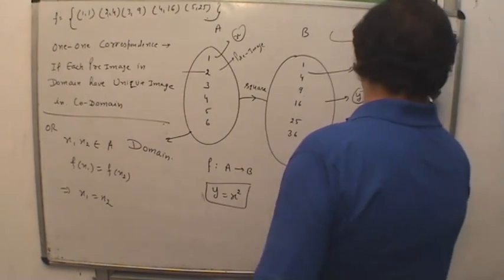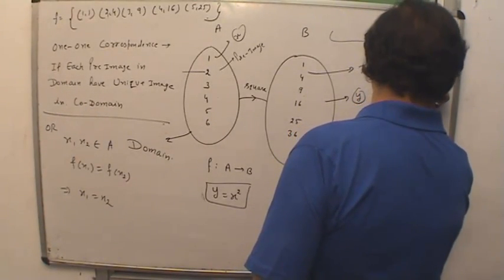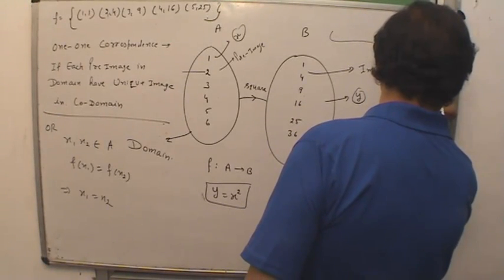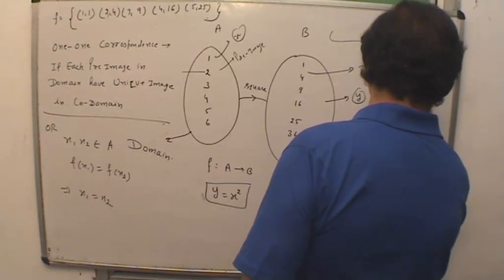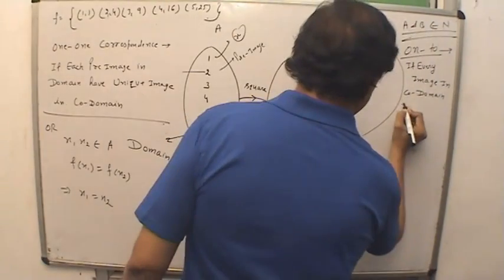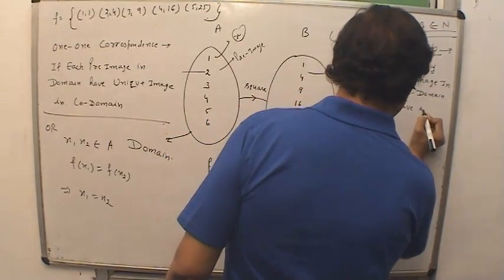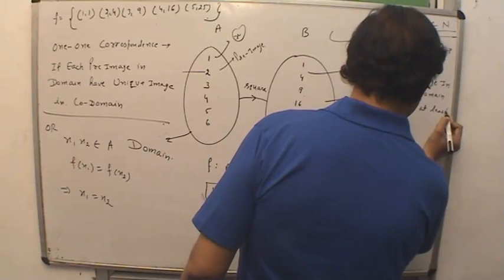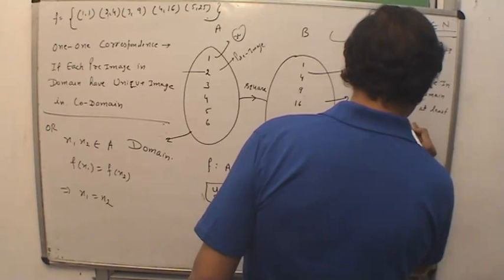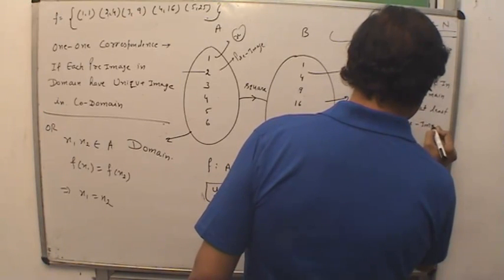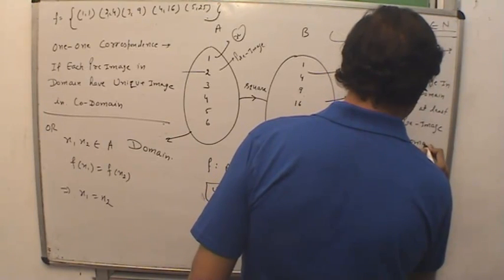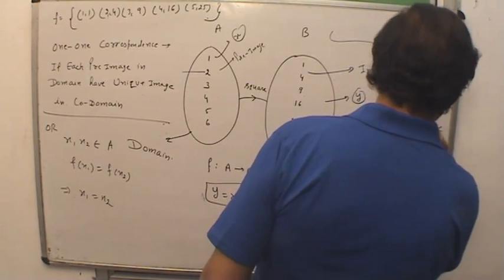It means every image in the codomain has at least one pre-image in the domain, that we have written here as at least.